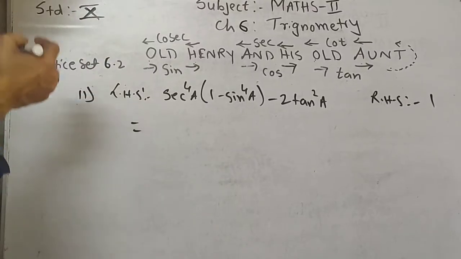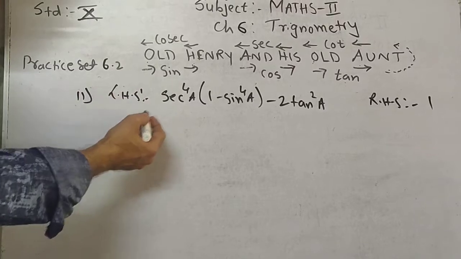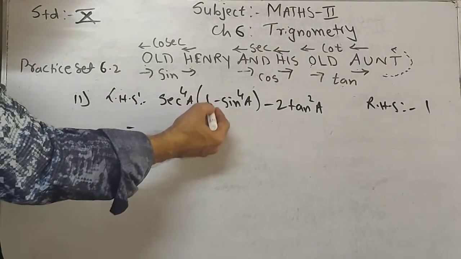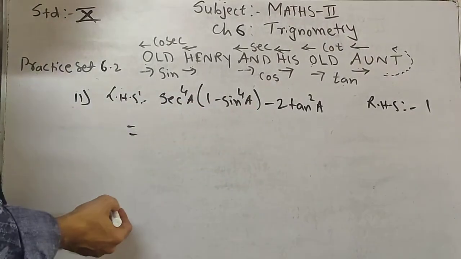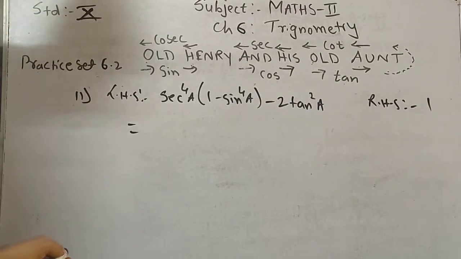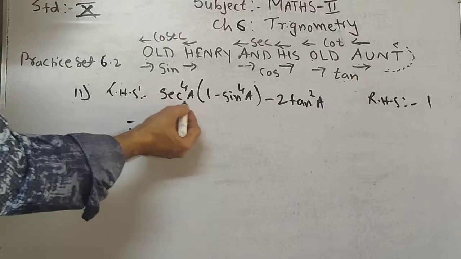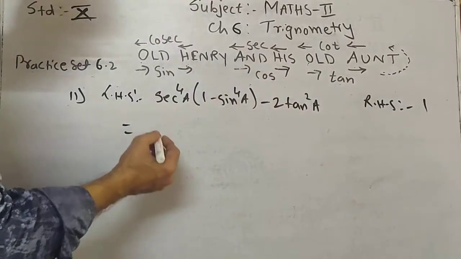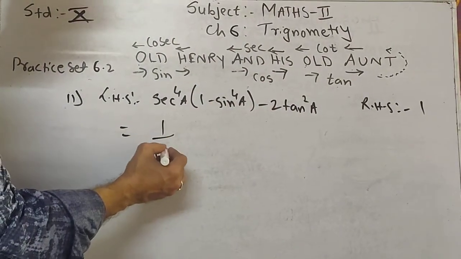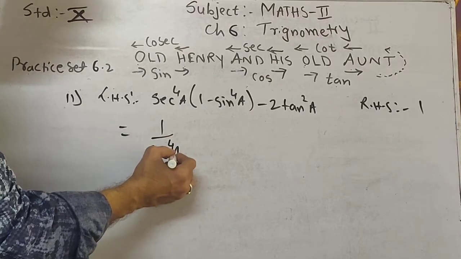Okay, now come to sum number 11. Left hand side is sec 4a into (1 minus sin 4a) minus 2 tan square a. Sec formula, you can see, is 1 upon cos, so I will write here 1 upon cos 4a.